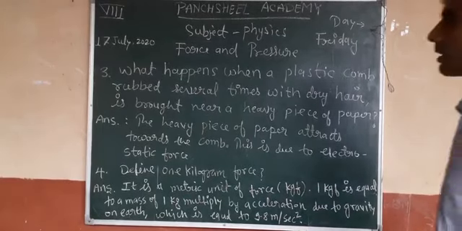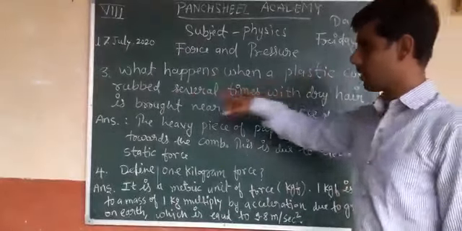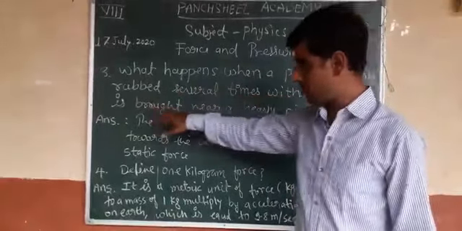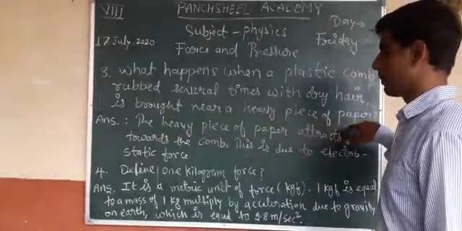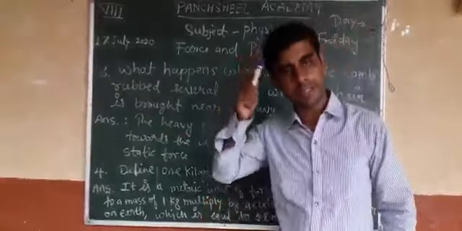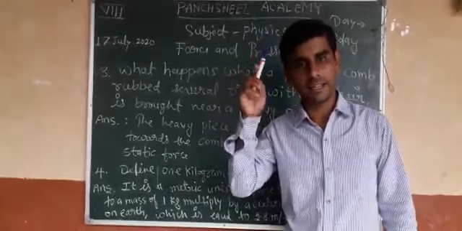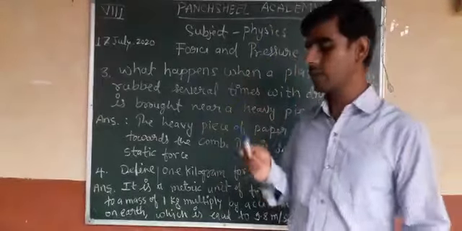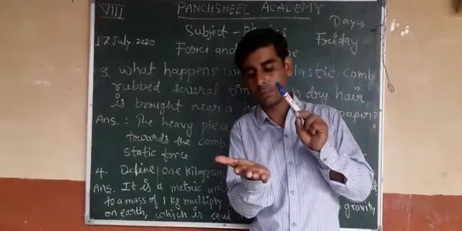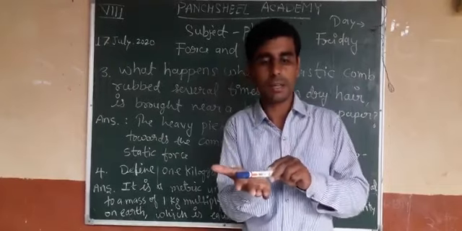So question number third: what happens when a plastic comb rubbed several times with dry hair is brought near a heavy piece of paper? What will happen? Suppose this is the comb and several times I rubbed this comb in my dry hair, and if I take the comb near the heavy piece of paper, then what will happen?